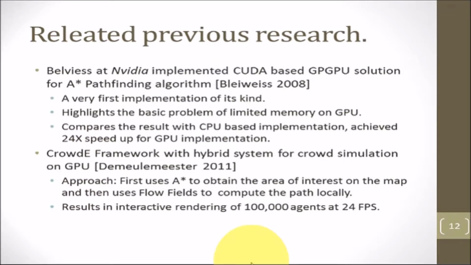In the approach he uses, first he uses A star to eliminate the areas of the map which would not be processed by the algorithm, and then uses flow fields to compute the path locally. The results show interactive rendering of more than 1 lakh agents at 24 frames per second, which is a promising result.